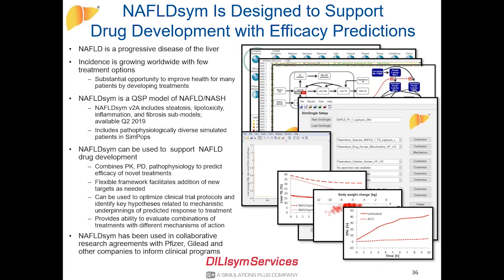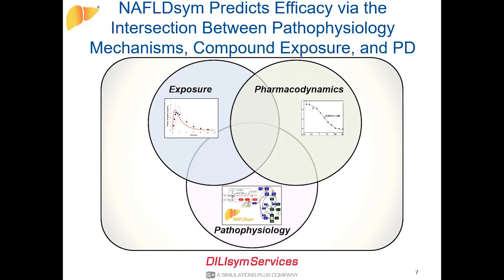Can you discuss at a high level the process to simulate a drug against a specific mechanism within the model? Is this programmatic? So again, at a high level, if I return back to slide 7 and build it out, really we need these three components to be able to do so, and really the pathophysiology already represented within NAFLDsym v2A.